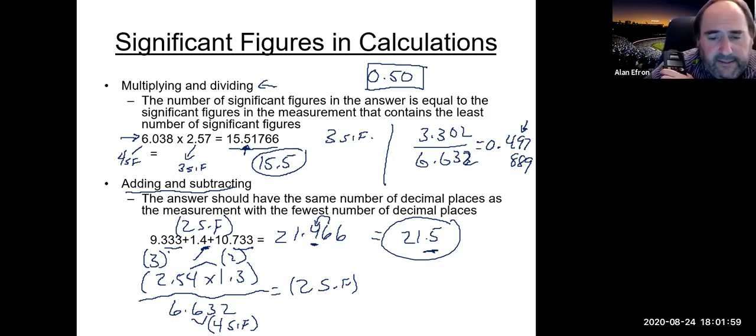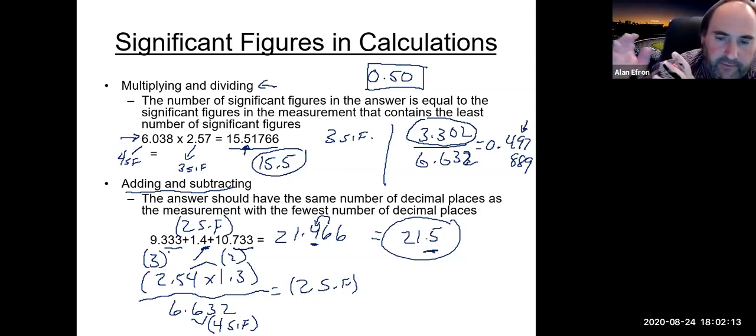Now, a couple of things on this. Typically, if you're doing a number of calculations in a row, it's not a great idea to round before the very end, if you're really strict about significant figures. If you round a little bit here, then take that number and do another calculation, round a little bit there, then do another one, and round a little bit, every time you do that little bit of rounding, you're probably moving your answer further and further away from the correct answer.